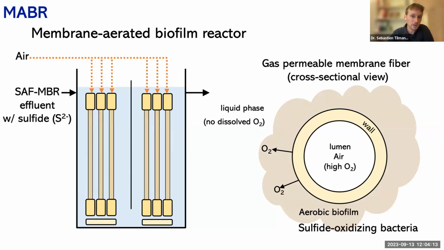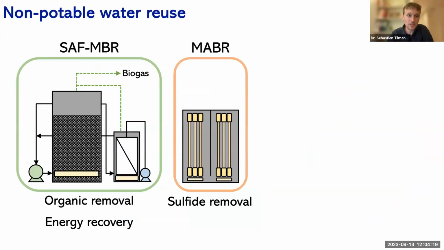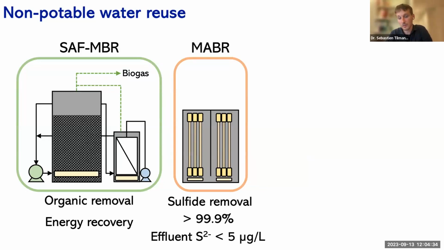The surface of these membranes gets cultivated and colonized by sulfide oxidizing bacteria, and we achieve a very high degree of sulfide removal, greater than 99.9%. We end up with effluent sulfide concentrations that are less than 5 micrograms per liter.